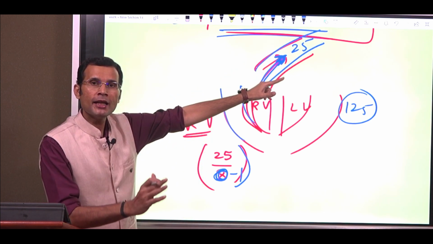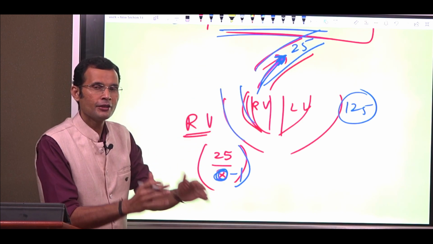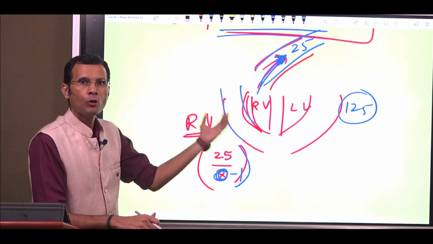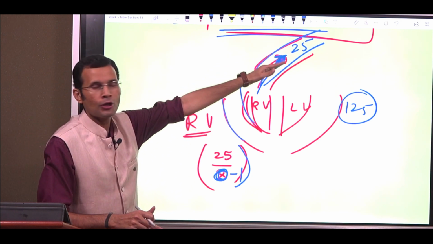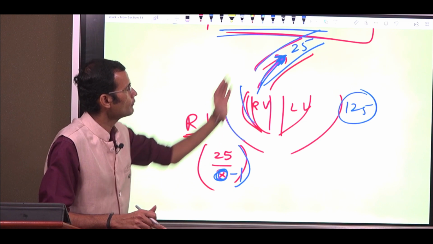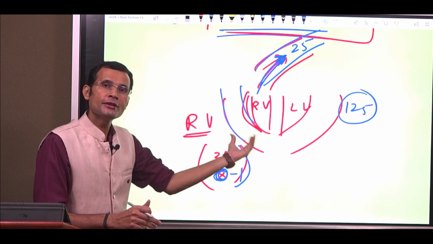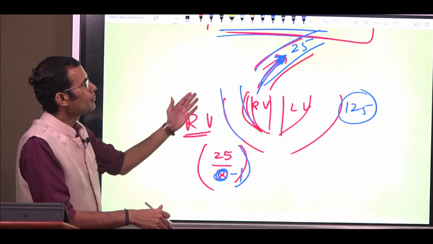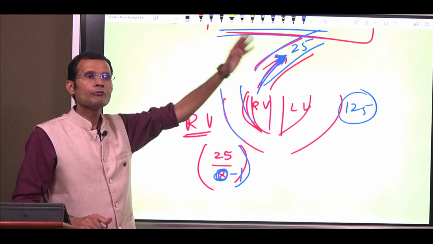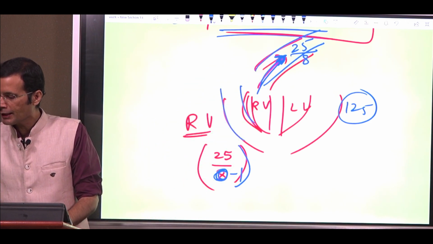But pulmonary artery pressure will fall slowly from 25. Imagine this: the right ventricle went into systole, pressure 25 mm of Hg, the same pressure got reflected in the pulmonary artery because the blood was ejected into the pulmonary artery. But when the right ventricle goes in diastole, its pressure falls to 0 very rapidly, but pulmonary artery pressure will fall slowly and its diastolic pressure will reach somewhere at 8 mm of Hg.